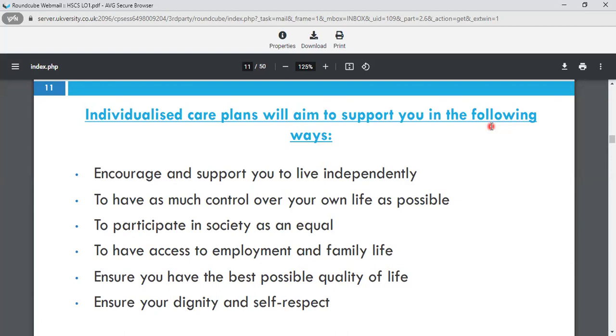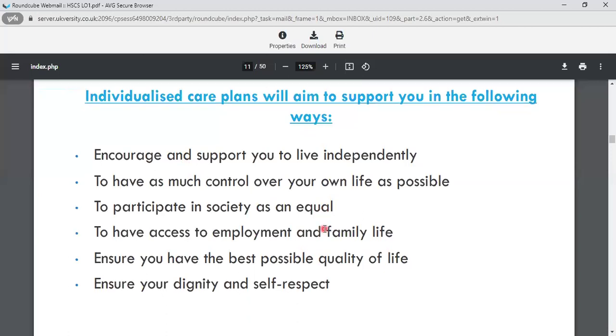To have access to employment and family life, to ensure that you have the best possible quality of life, and to ensure your dignity and respect. So these individualized care plans will support you in all these domains.